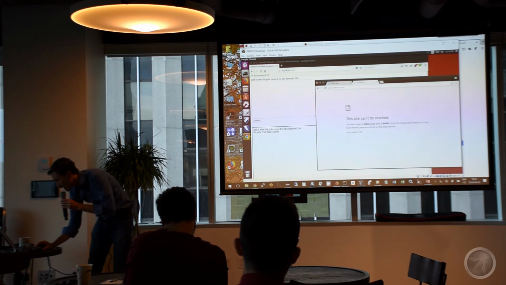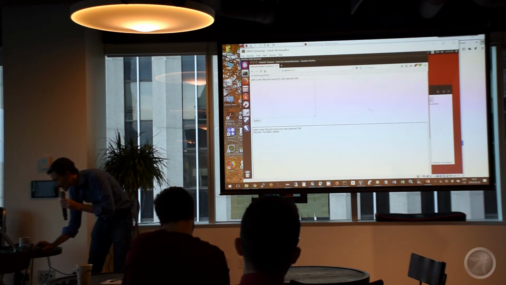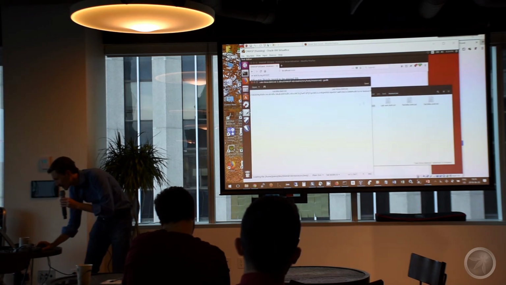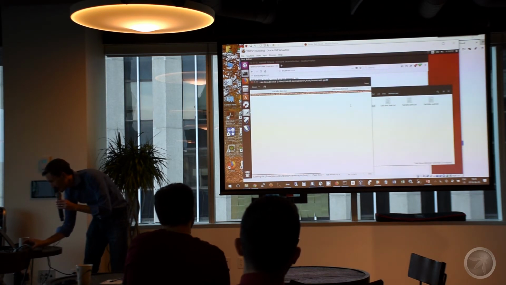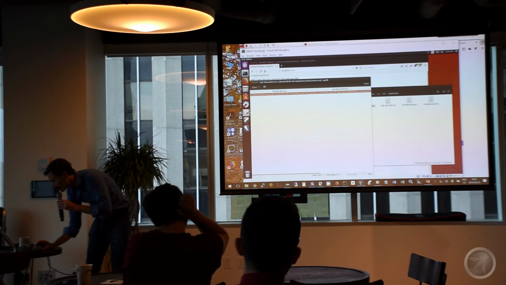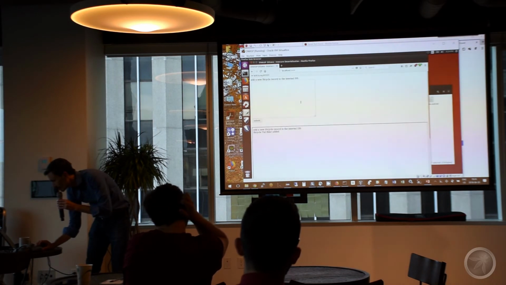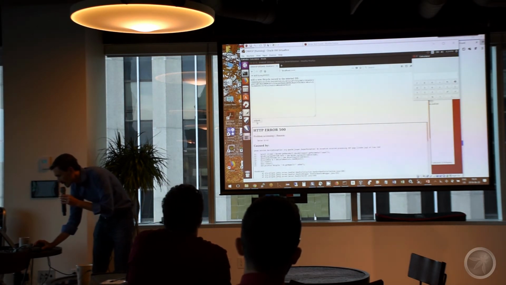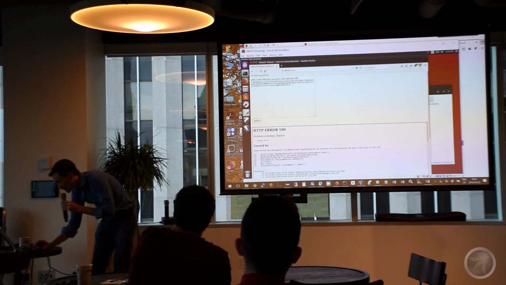I happen to have some test files here called calc Linux base64. And I submit this. Oh, I got an error. But I got a calculator popping up. Of course, this is easy because it's always command injection.